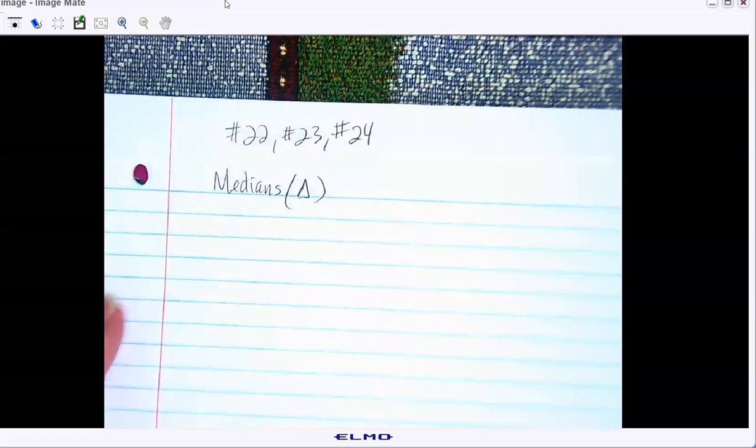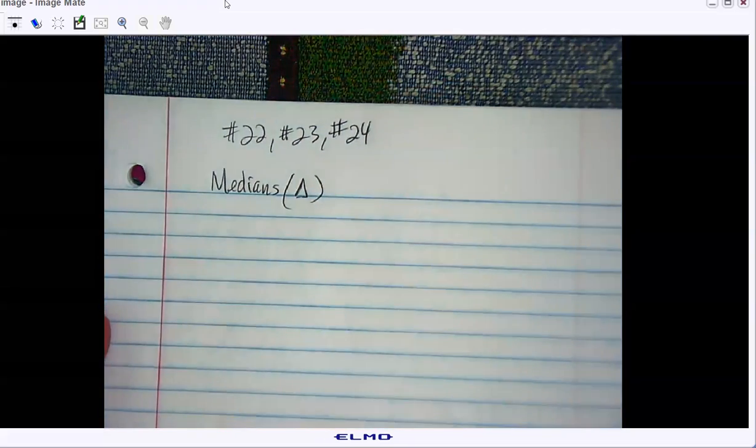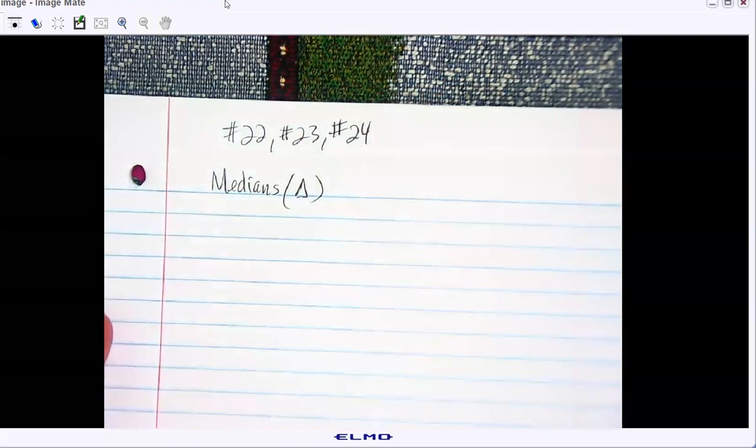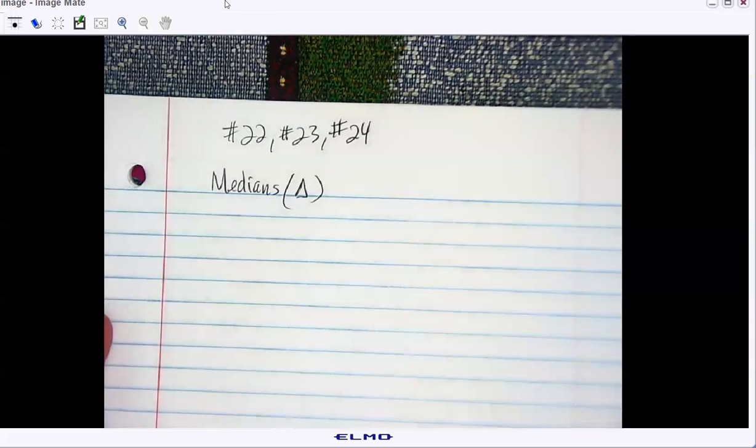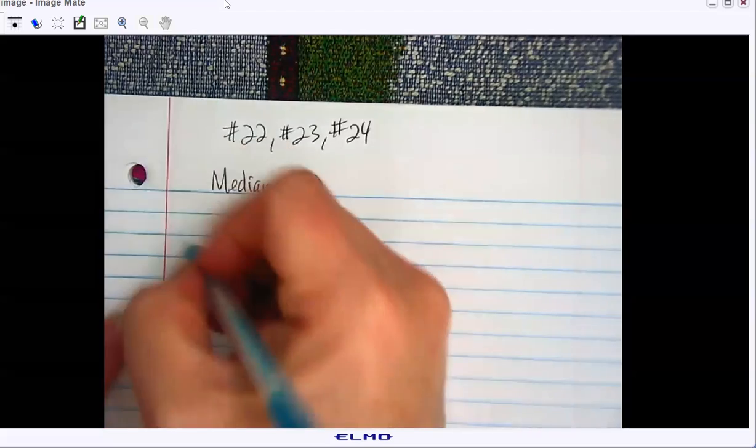That is everything you need to study for the quiz, plus this. Okay. But just remember that with medians, there are only two kinds, which is like part equals part and part plus part equals the whole. So let's look at one.